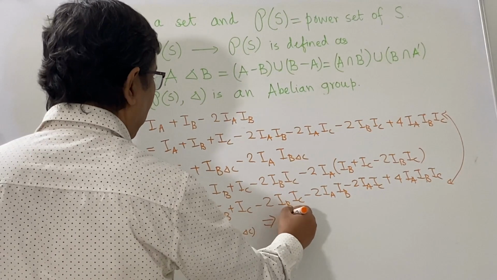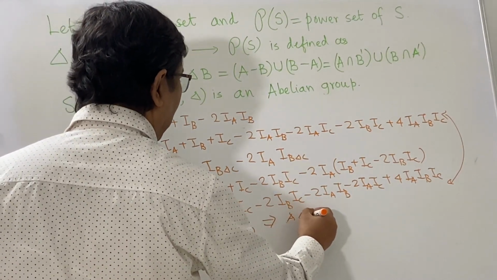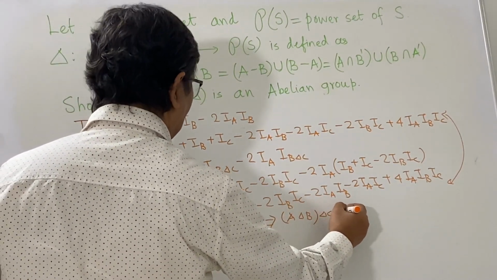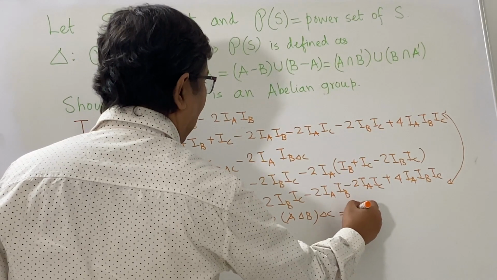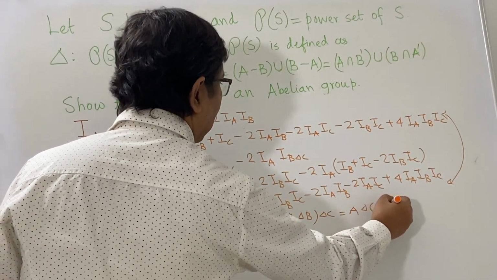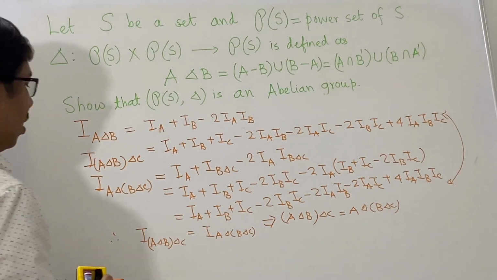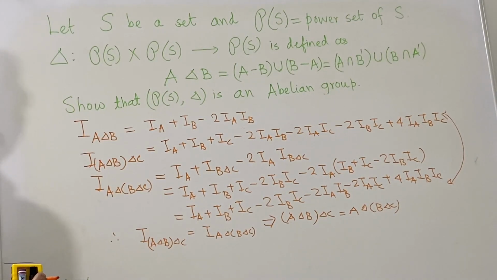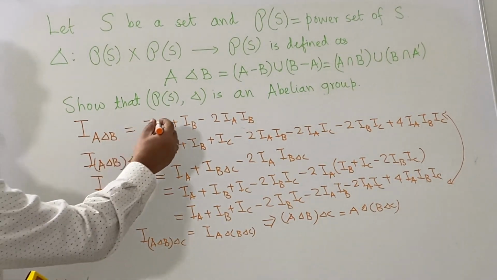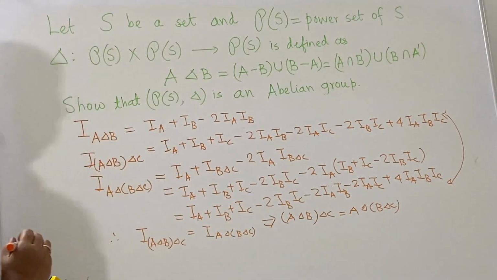So this means that (A delta B) delta C is equal to A delta (B delta C). So we have proved that delta is associative. Since (P(S), delta) meets all the conditions of an abelian group, we can say that (P(S), delta) is an abelian group. Thank you.